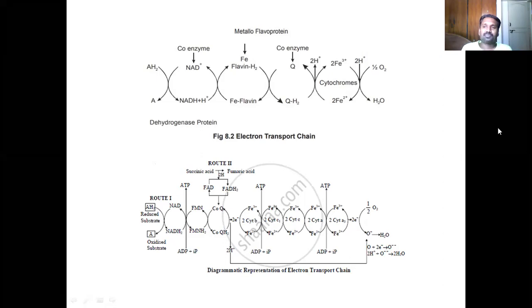In fact, the complete structure of the electron transport chain is very extensive and complicated. But at a basic level of discussion, we just require some important components of the electron transport chain. So first of all, where is the location of this electron transport chain?